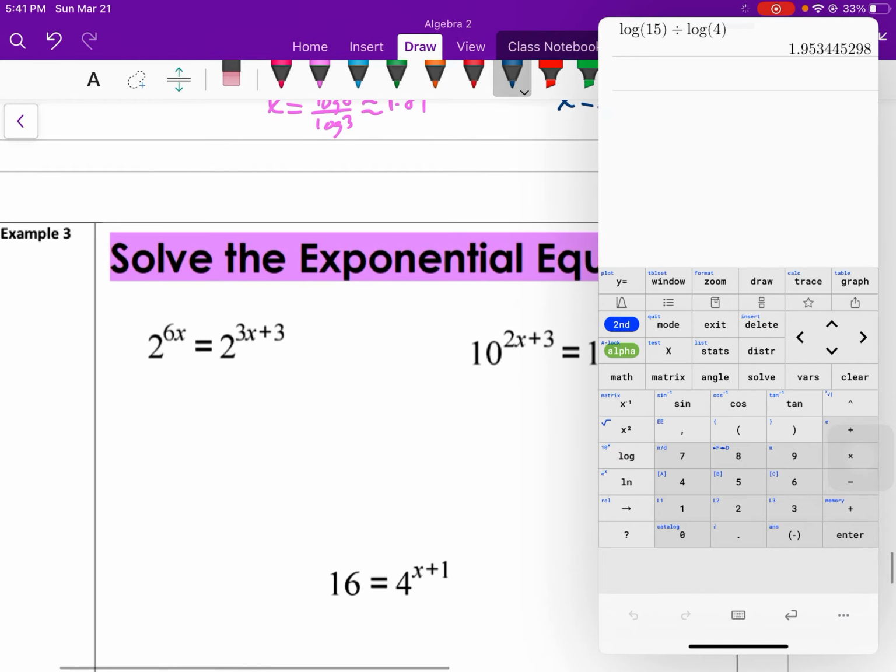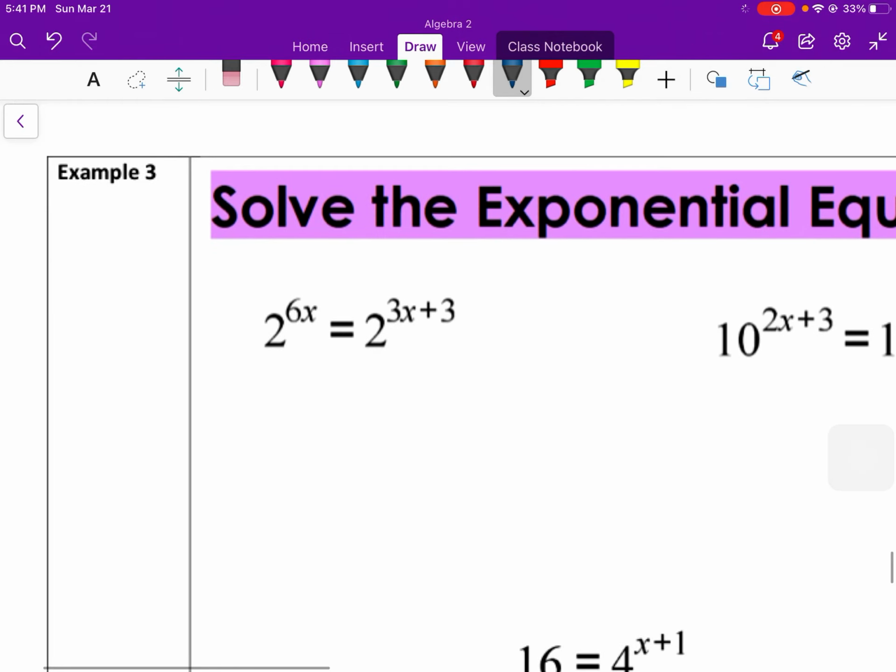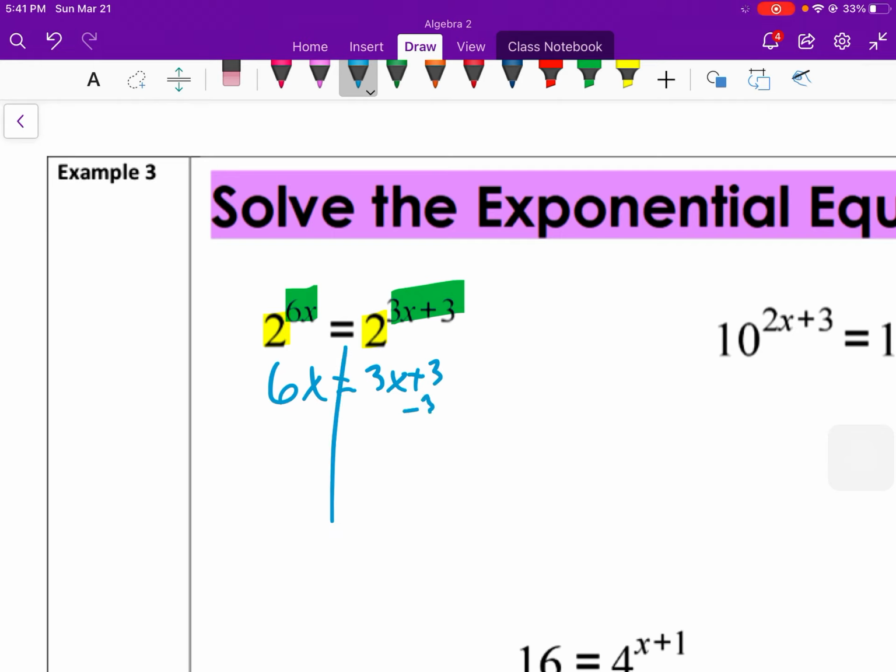Solve the exponential equation. This is what we introduced at the beginning. If our bases are the same, they both have a base of 2, then our exponents must be equal to each other. So we can set 6x equal to 3x plus 3 and solve for x. We're going to subtract 3x from both sides to isolate the variable.